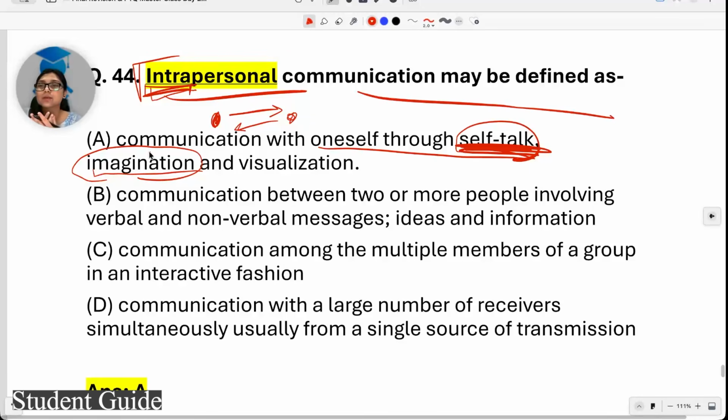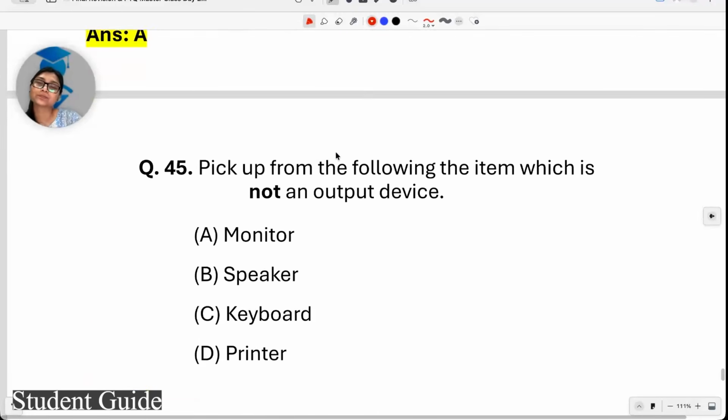These are communication patterns we do with ourselves, and visualizations and plans, etc. Those come under intrapersonal communication. It means communication with oneself. Here only you are involved, no second person will be involved. So that's it, option number A.